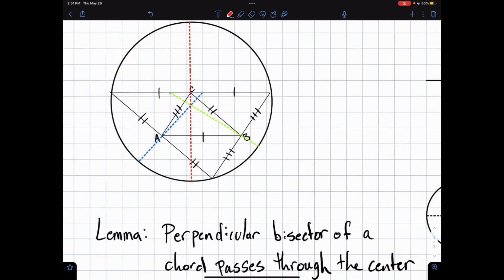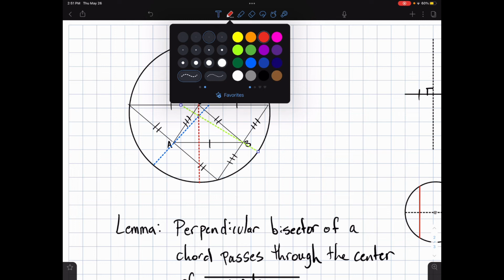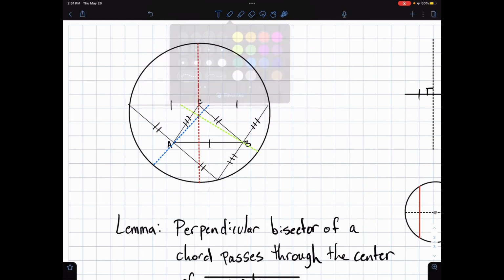Because these are perpendicular bisectors of the chord, and because the outer triangle has twice the side length of the inner triangle, we know that these points right here are at the midpoint, so they pass through the line.